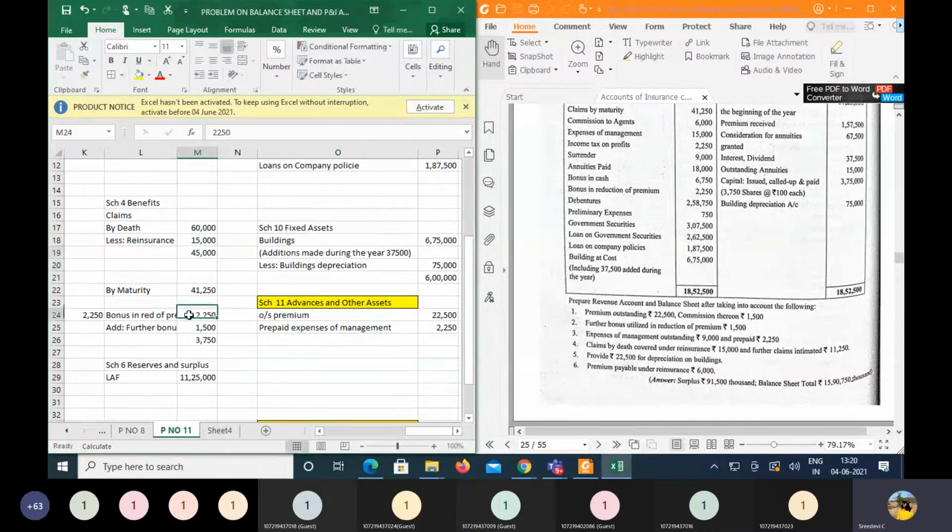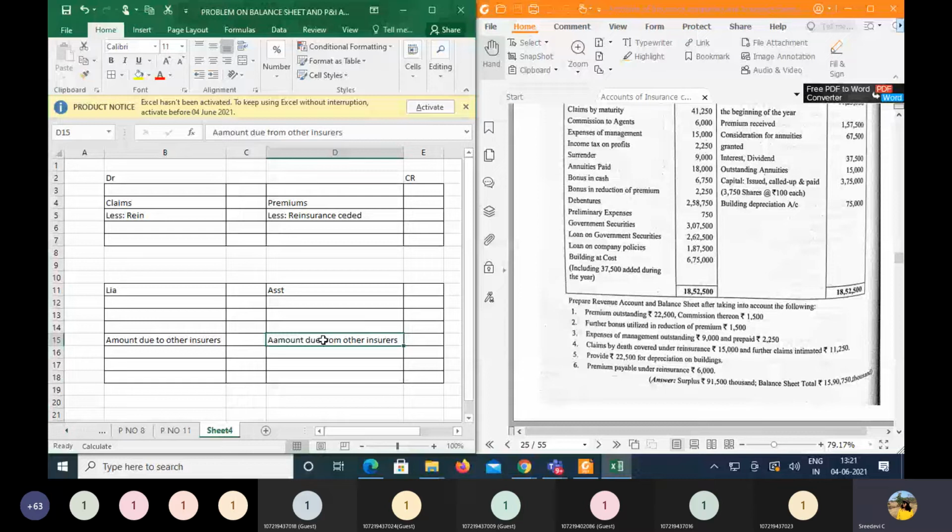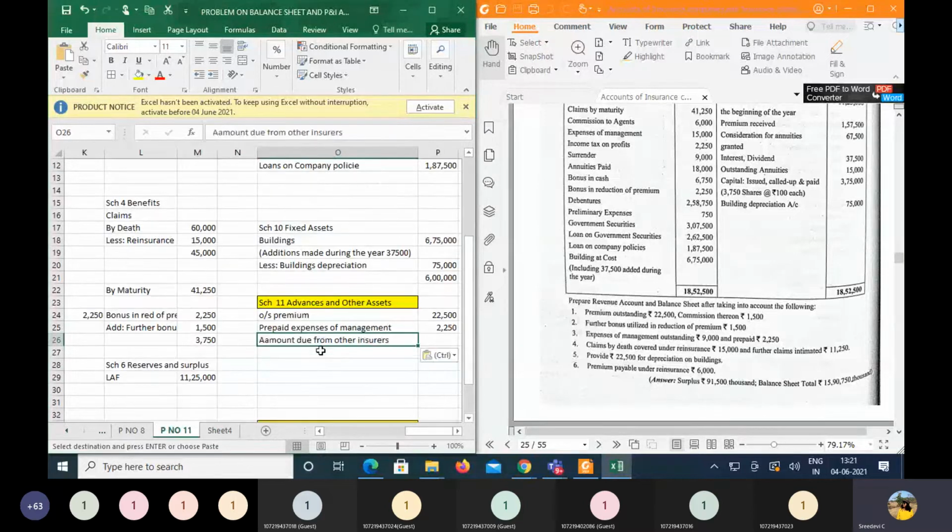It's not in the horizontal form, but you still have to remember it as if it is in the horizontal. So if you minus it from the claims, immediately you take it to the assets side, where it is shown under schedule number 11 as amount due from other insurers. The amount here is 15,000.